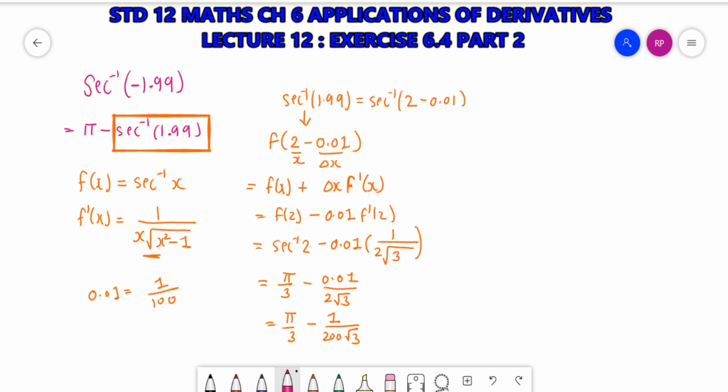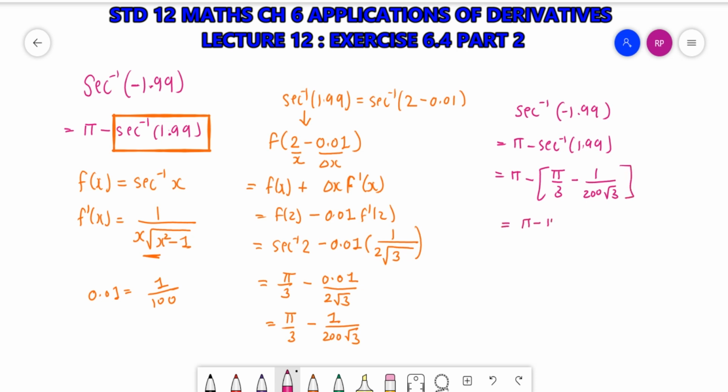But what we need to find out? We need to find out sec inverse minus 1.99. So this was equal to pi minus sec inverse 1.99. So pi minus, what was sec inverse 1.99? Pi by 3 minus 1 upon 200 root 3. So this is equal to pi minus pi by 3 plus 1 upon 200 root 3.